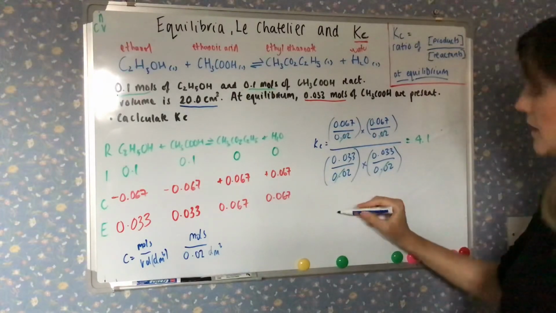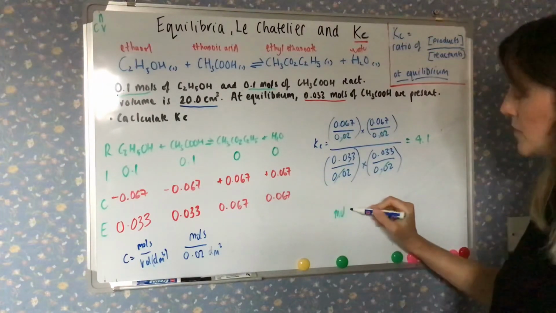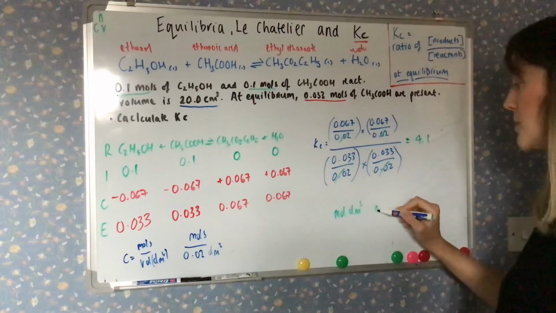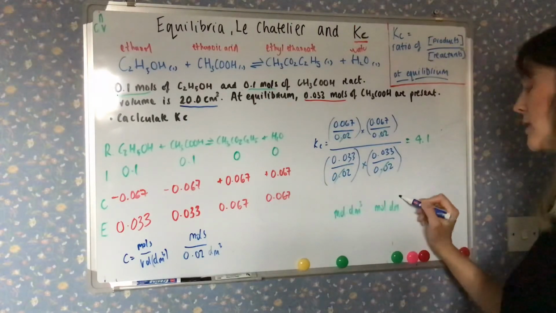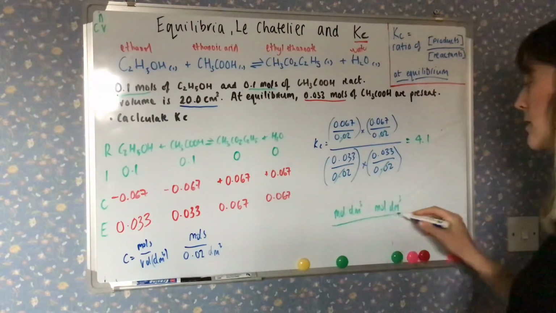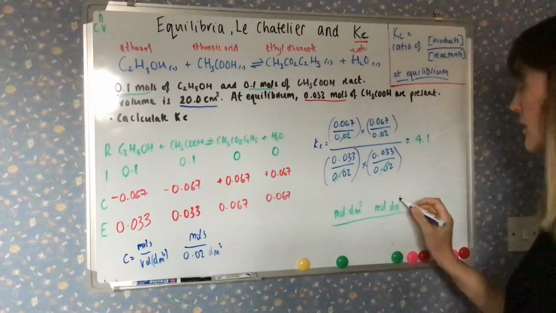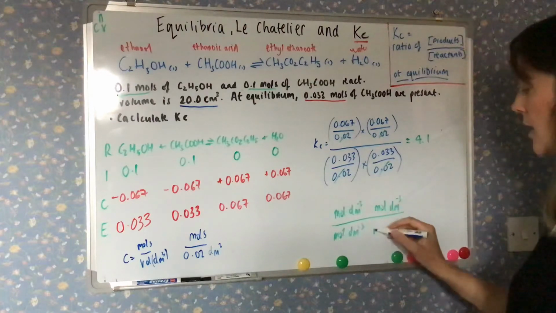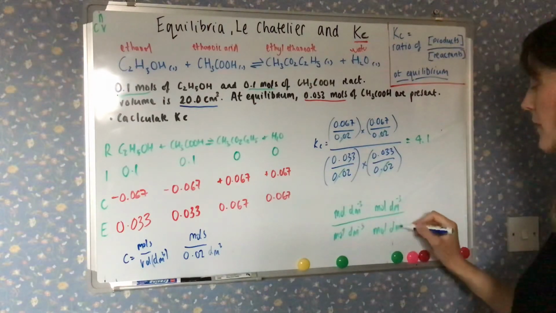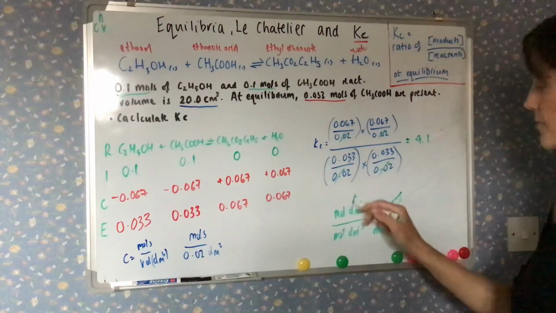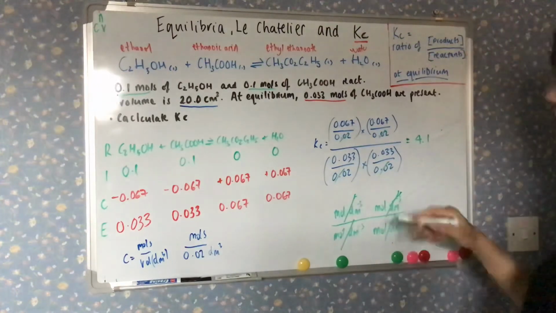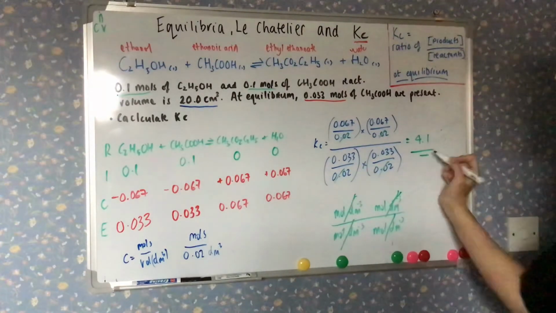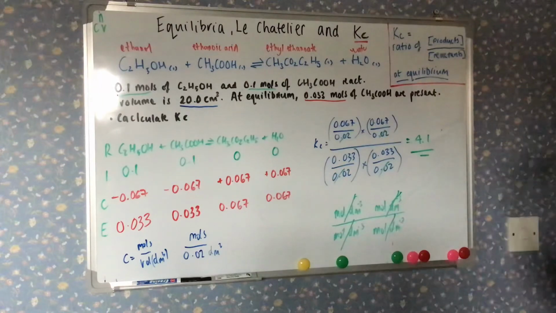Now, if you remember how we work out units, moles per decimeters cubed, moles per decimeters cubed, moles per decimeters cubed, moles per decimeters cubed. So they all cancel. So we have no units. So the Kc in this example is 4.1, and that's it, that's the answer.